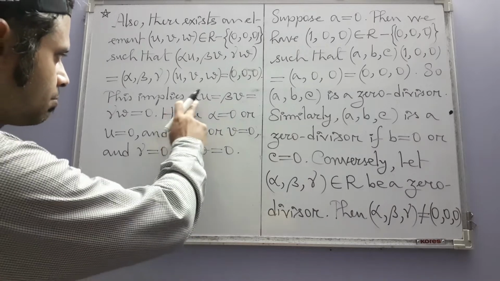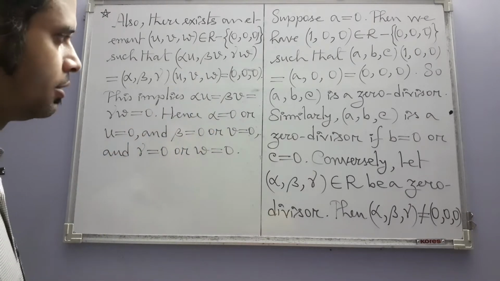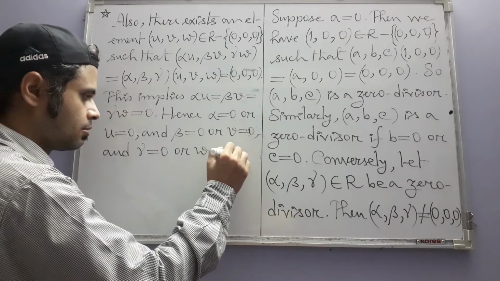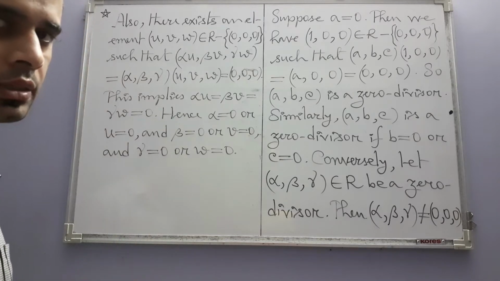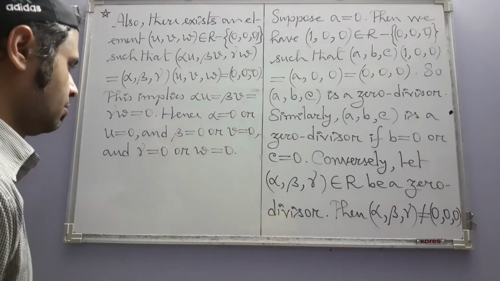So that means if a product is 0, then at least one of them should be 0, and that is simply a consequence of the fact that R is a field and hence an integral domain.